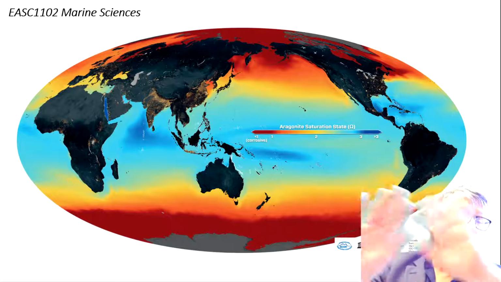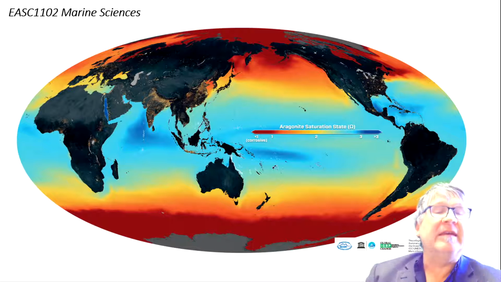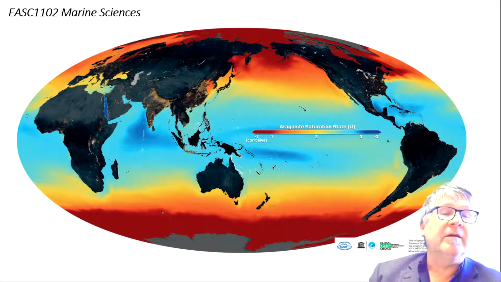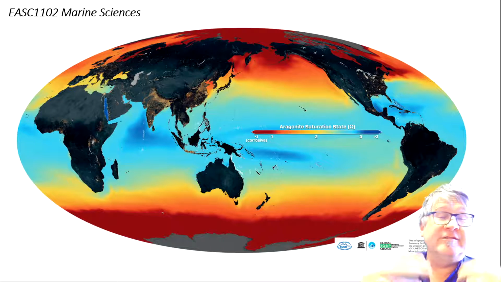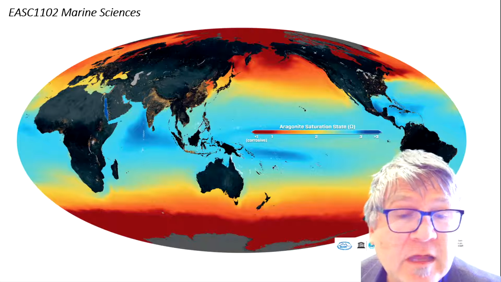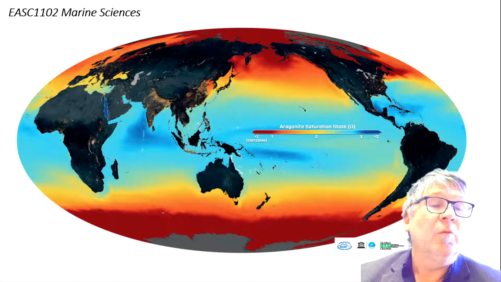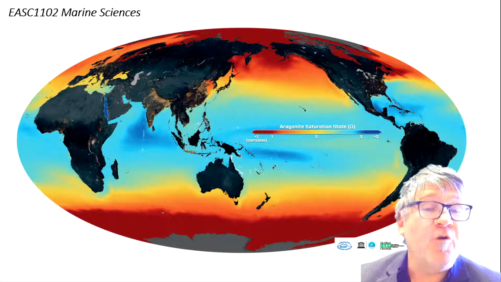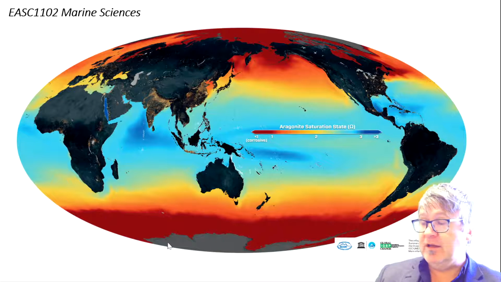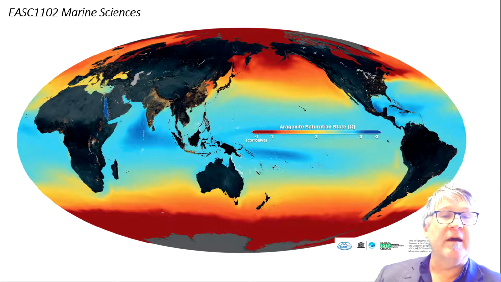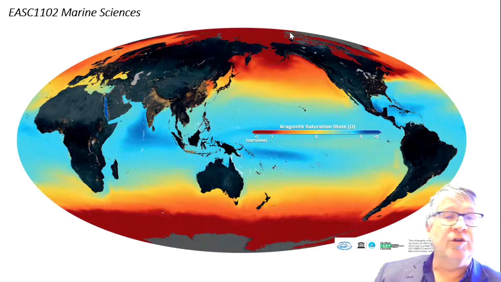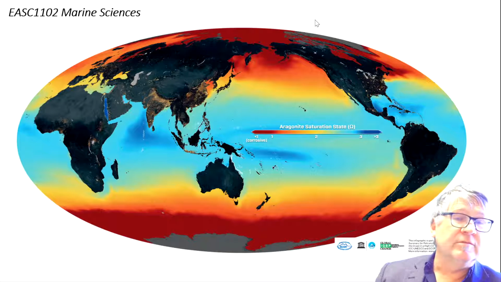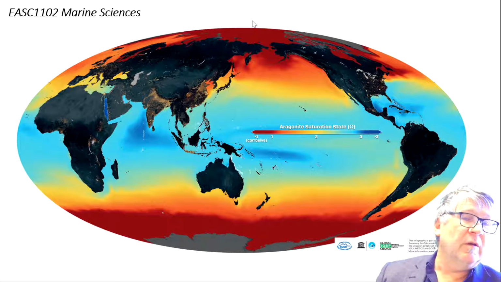Okay, some colors here, but the key thing is that the dark red are the regions where the transition to corrosive environments will happen first. And you can see the Southern Ocean, a big part, but also large parts in the North Atlantic, North Pacific, Arctic Ocean. Okay, where this transition will happen.